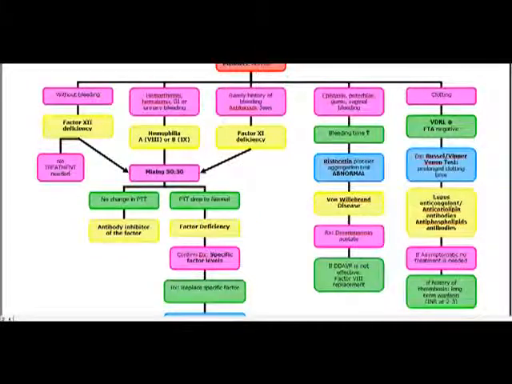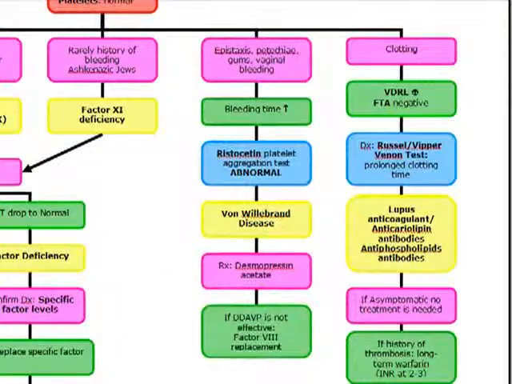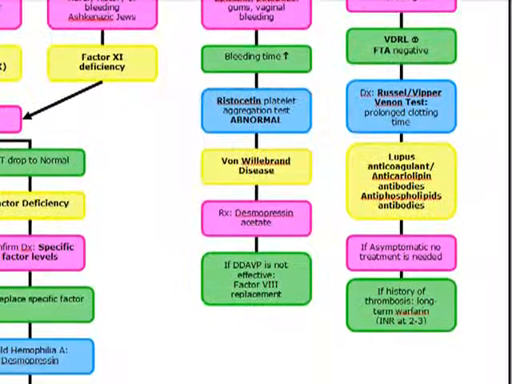Now, remember, acute thrombosis is going to have to be treated with at least 6 months of therapy, and it's not written in here, but basically, there are indications for lifelong warfarin in these patients, okay?